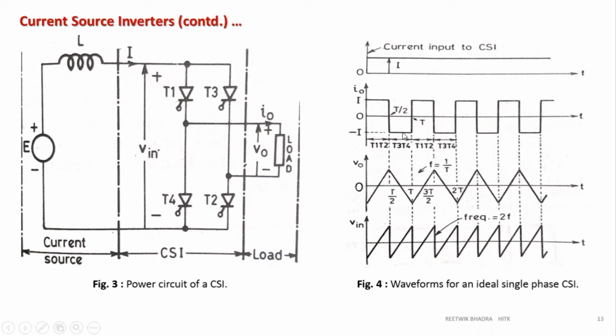So I, minus I, I, minus I. Now, if you compare with your VSI, it was Vs, minus Vs, Vs, minus Vs goes on. Now we are getting a symmetrical square wave nature of current. Over there it was a symmetrical square wave nature of voltage. Because there was constant voltage over there, here is constant current. That's why the output current will also be constant and symmetrical in nature. That is the reason.